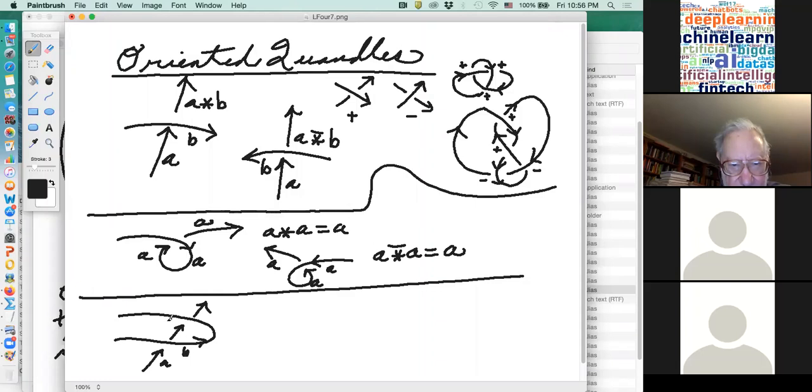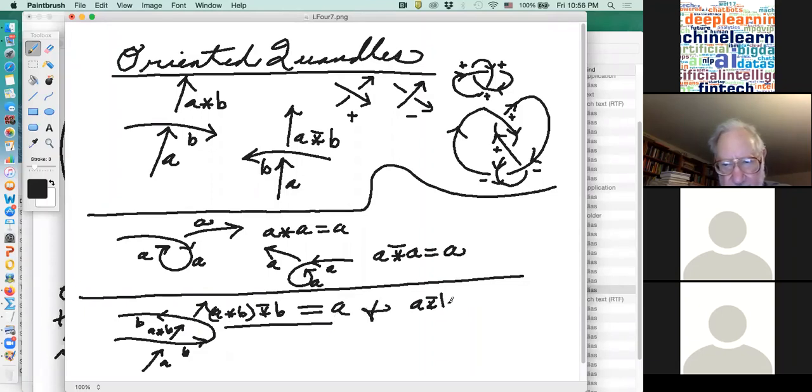A, B, reversed. A star B, but then I get A star B star bar B. So I need that this should be equal to A. And of course I need A star bar B star B will be equal to A. So that's 1 and 2.